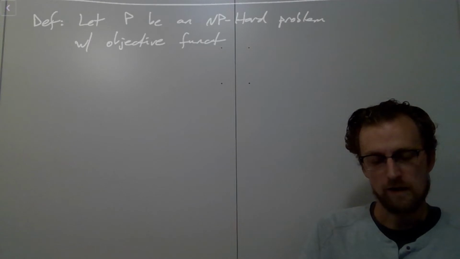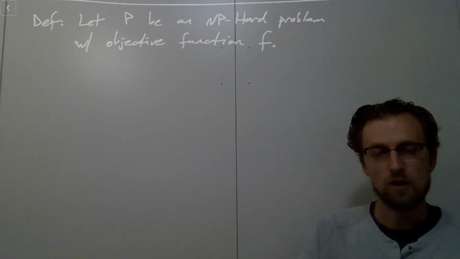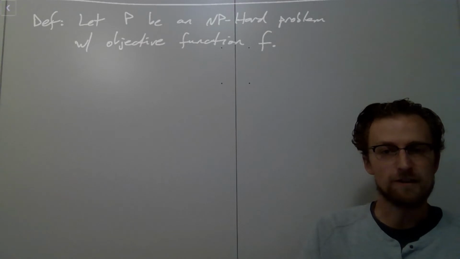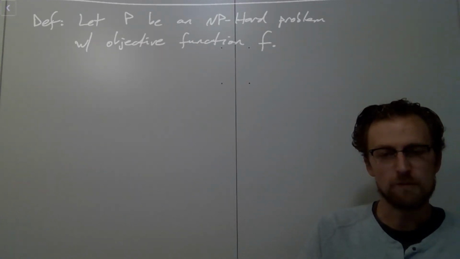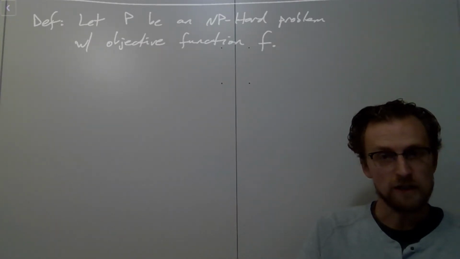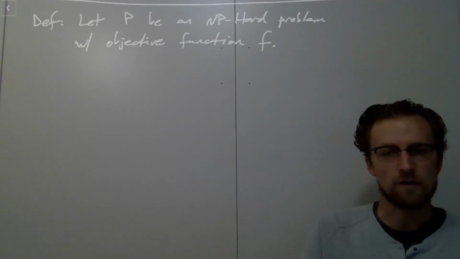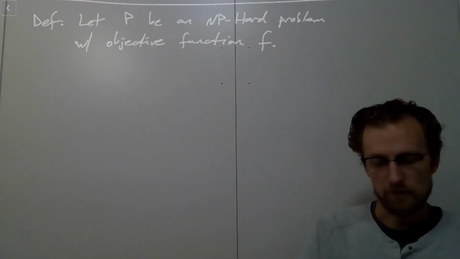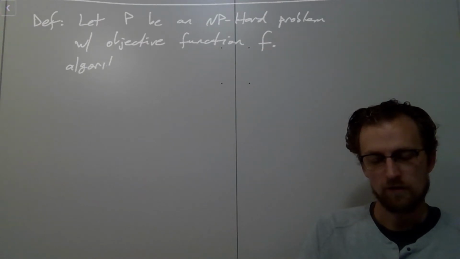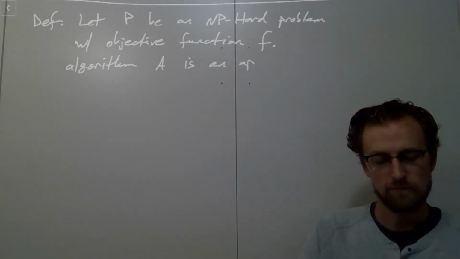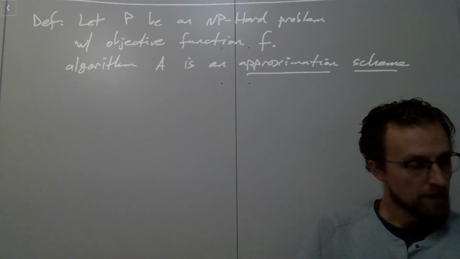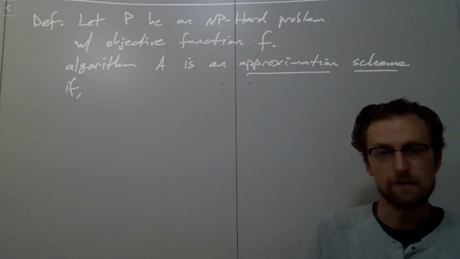So f is the thing that codifies either what we want to get the most of or what we want to avoid. So in the case of knapsack, f is the total value of things that we're bringing. In the TSP, f is the cost of a tour that goes around the cities. Okay, so we say algorithm A is an approximation scheme if, given the error parameter, right?